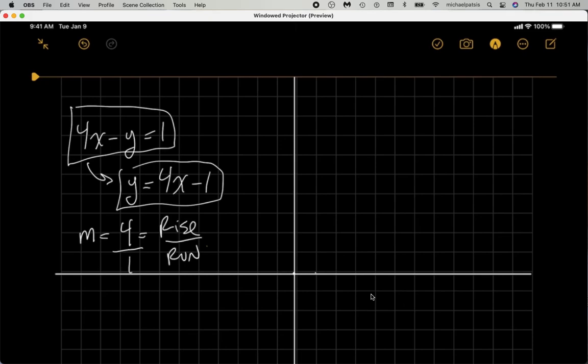It's helpful to put this into a fraction with a hidden 1. Here is our y-intercept, exactly how you see it. You start at y equals negative 1. You always start with the run, positive 1, and then up 4. Positive 1, up 4. Here's your line.